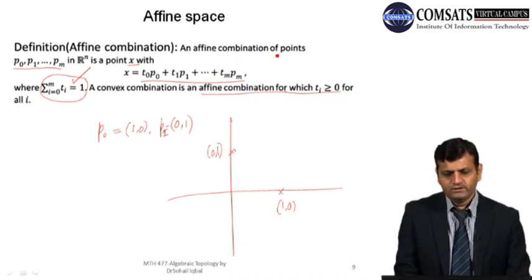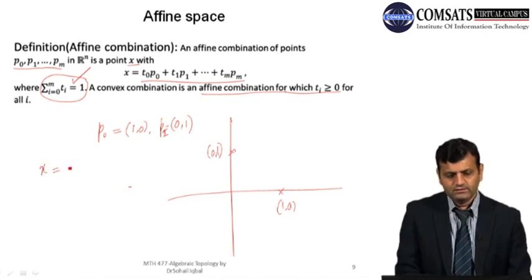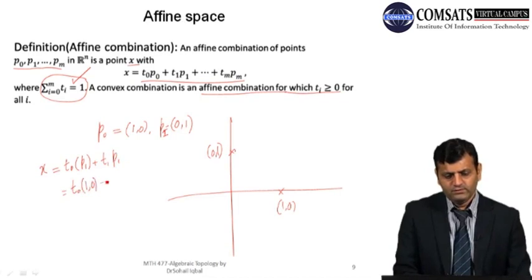An affine combination of P0 and P1 is something like this: T0 P0 plus T1 P1. This is equal to T0 (1, 0) plus T1 (0, 1), which is equal to (T0, T1). So this is the set X, but then there is a condition on this as well.